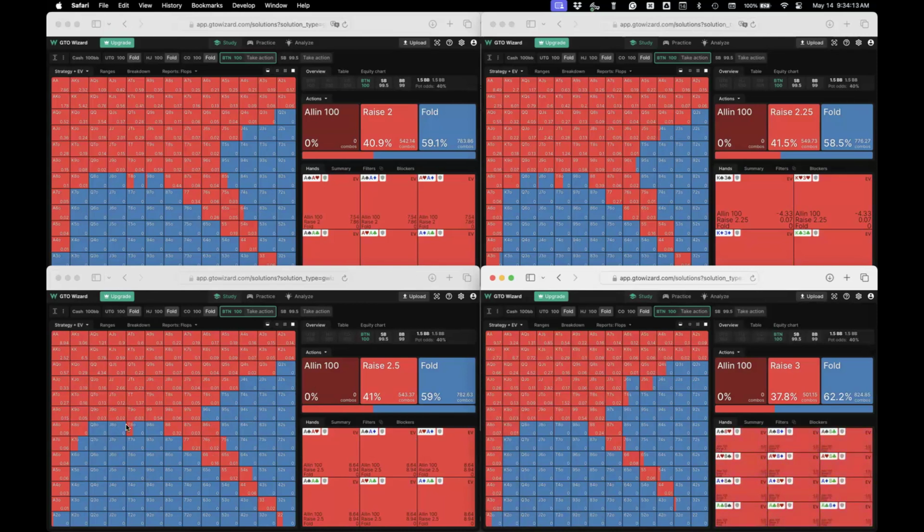Your offsuit kings, you get this little bit of king 7 at 2.5 that you don't have in any of the others. Not important. And now you've got all your pairs, so it's just this region that's missing. And we ignore this. Pocket deuces and pocket threes go away completely on the button. Yeah, that's big.